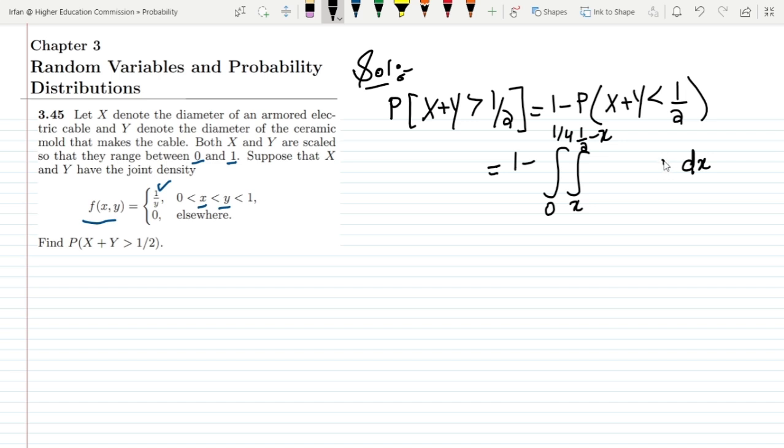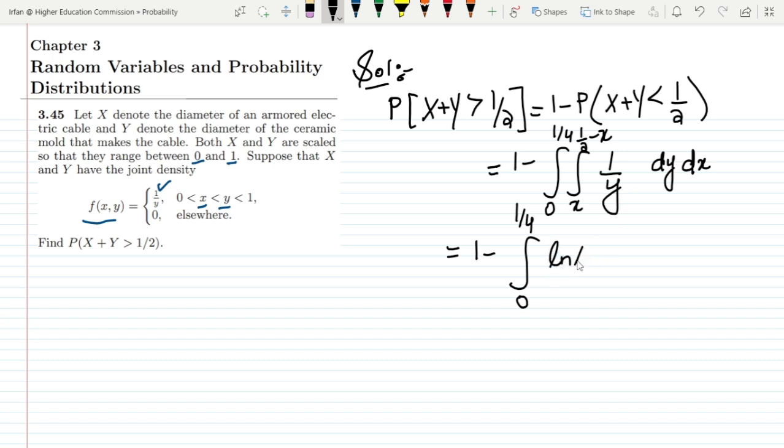So this will be dy. Now writing the value of the function, which is 1 by y, let me solve it, and here solving it we can very easily see that this is 0 to 1 by 4, and this will be natural log of y.